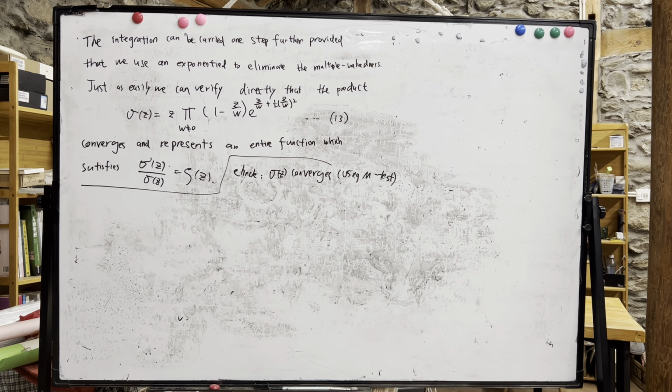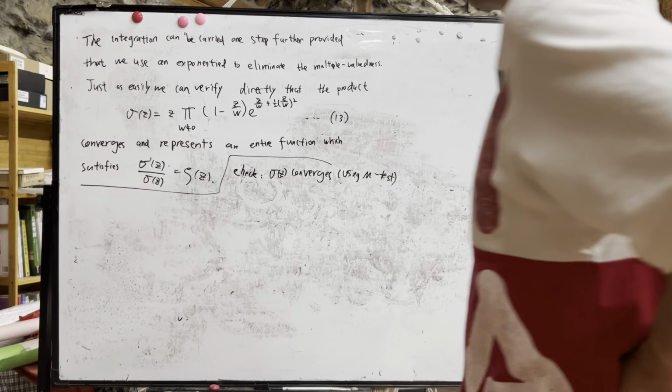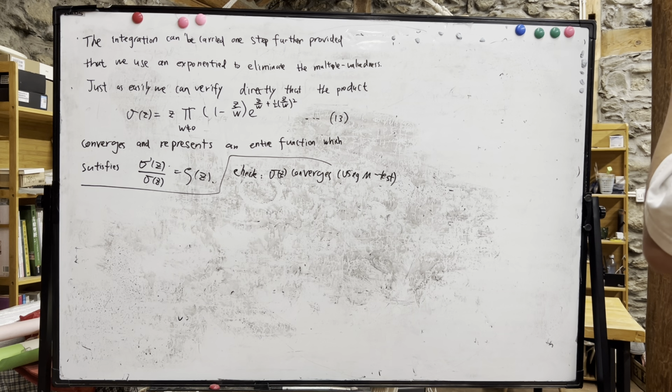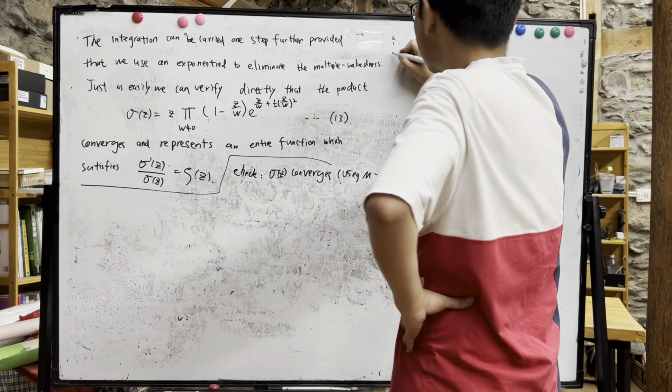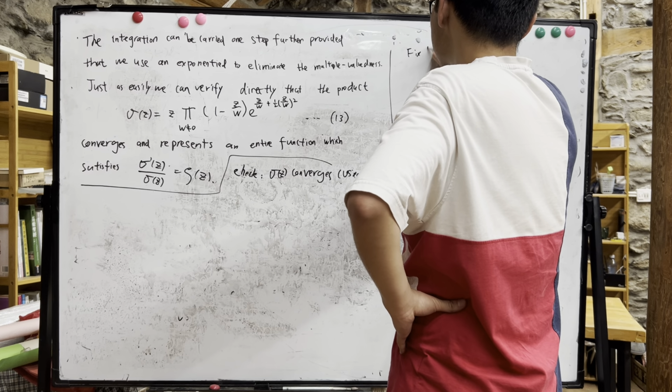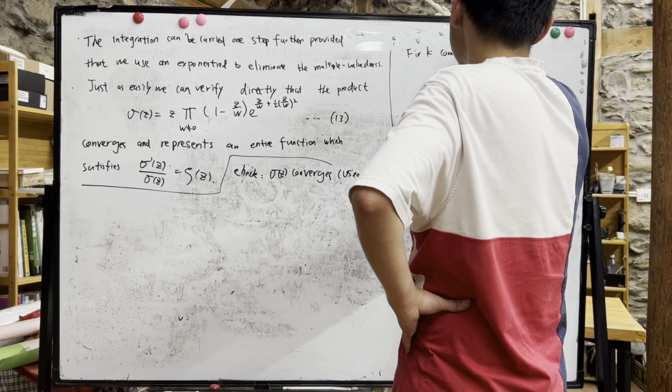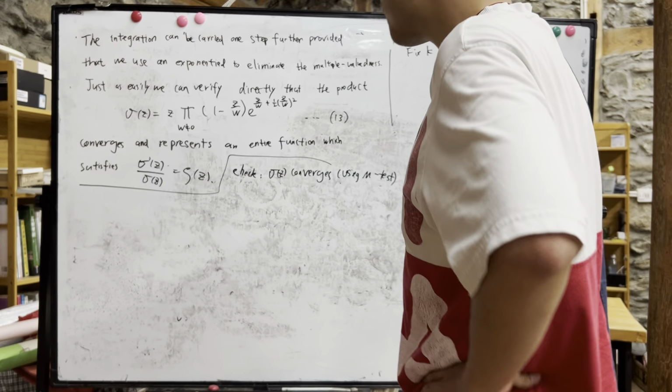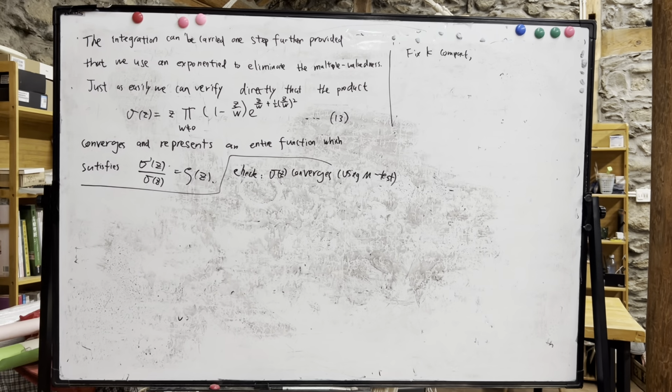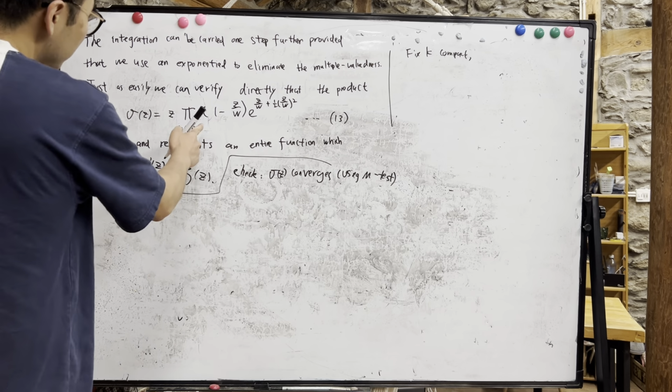So our first step basically is, let's fix a compact set K. And then in order to use M test, we need to show that... M test is about series.